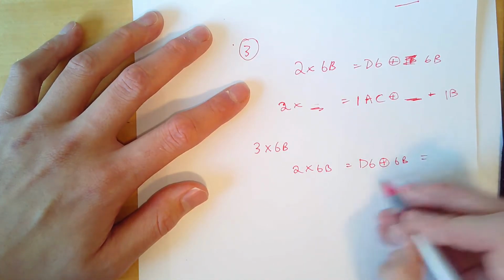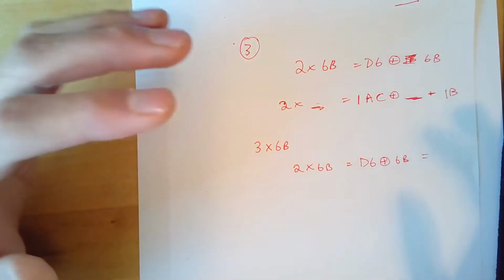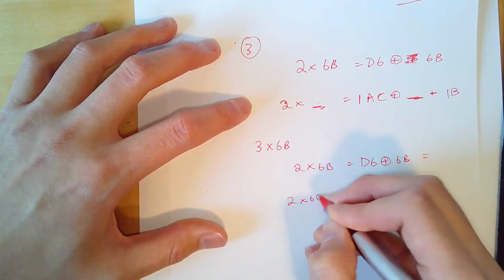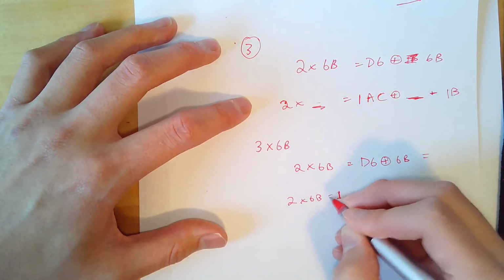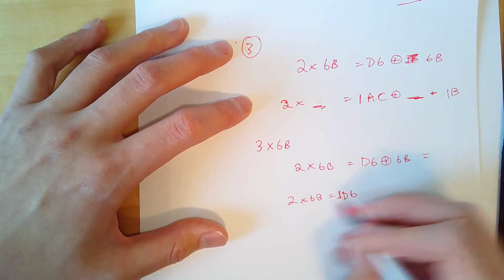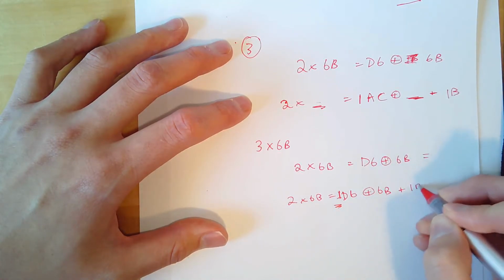And D6 XOR 6B would be the thing you put into that spot. Let's say, for instance, though, that 2 times 6B equals 1D6. It doesn't, but if it did, you'd still XOR with 6B, and because there's a 1 here, you'd XOR with 1B again.